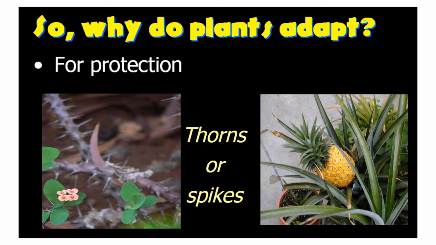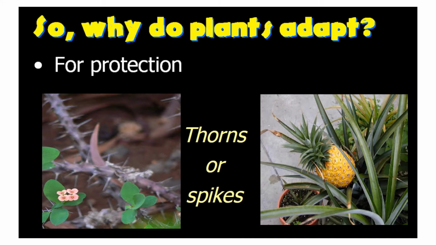So as you can see in these pictures, there are plants that have to face different browsing animals, for example, goats and sheep that tend to graze on these plants. So in order to avoid those animals, these plants produce specialized thorns on their bodies, as you can see in the picture on the left-hand side.